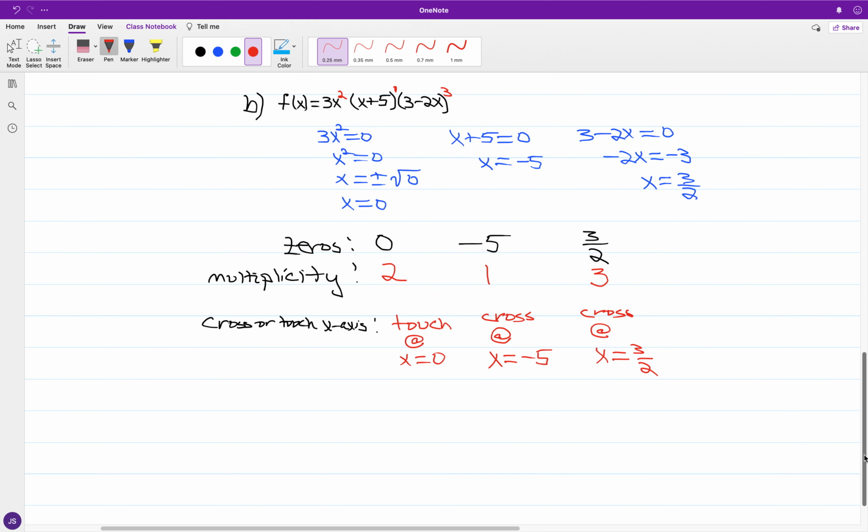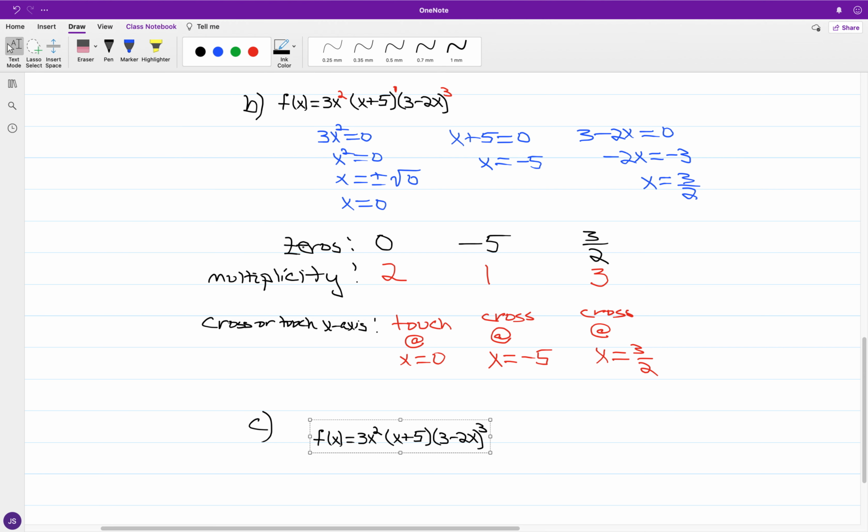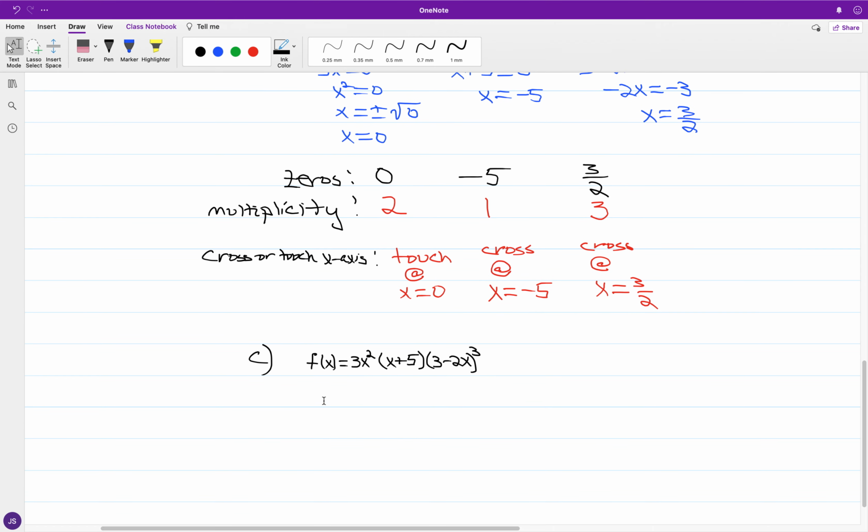And in terms of the y-intercept, the y-intercept would be the value of y whenever x is set to 0.